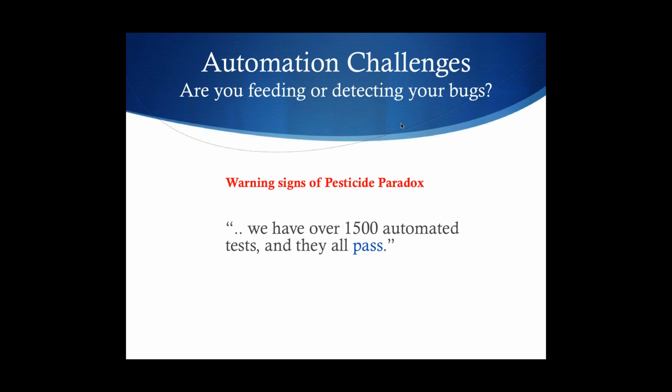If you're a QA engineer, QA lead, or QA manager, that's a huge sign of the pesticide paradox, because as humans, especially in the IT engineering field, we write code so that it passes, but we don't write code to ensure that it fails in an expected manner. And that's no different for automation engineers.